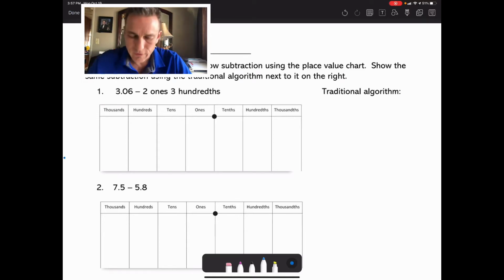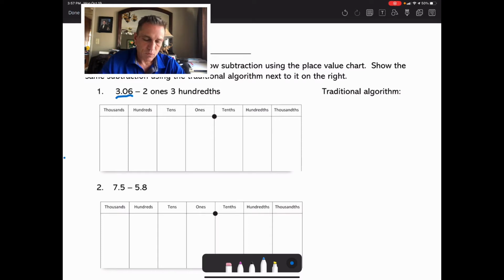All right, on tonight's homework, we're going to subtract decimals using the place value discs in the place value chart. If we look at the first problem here, first we're going to put 3 and 6 hundredths in the place value chart, but we're going to do it in the form of these discs or dots.